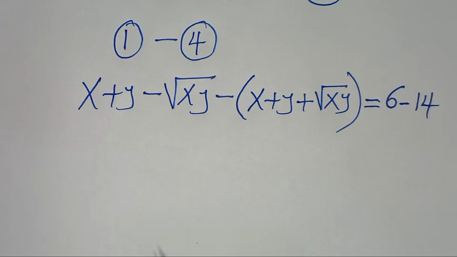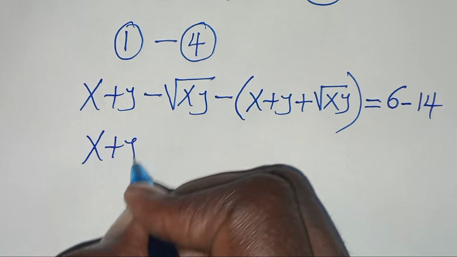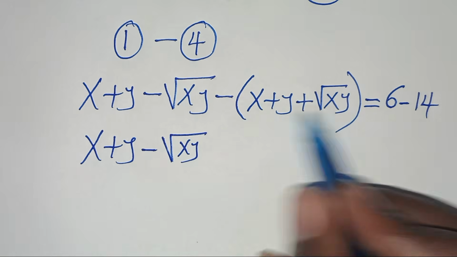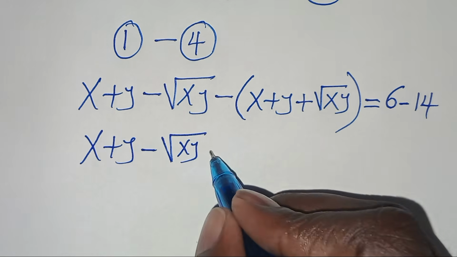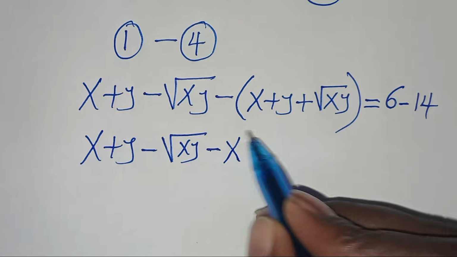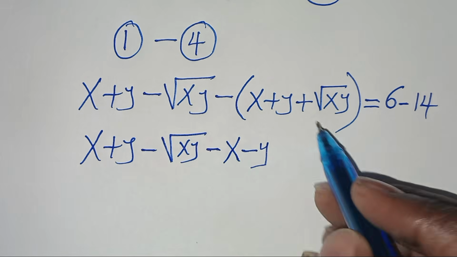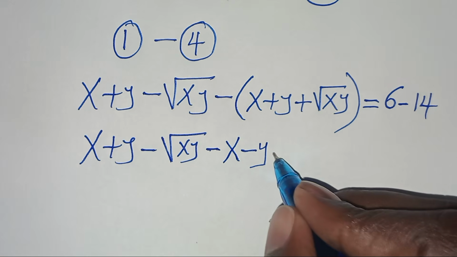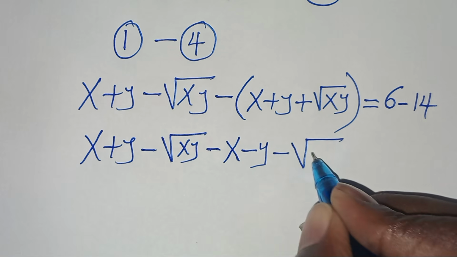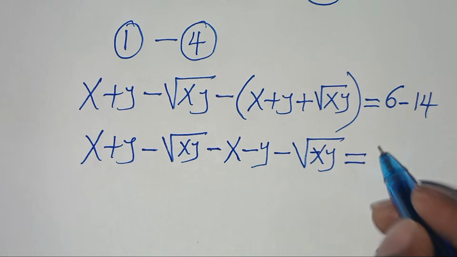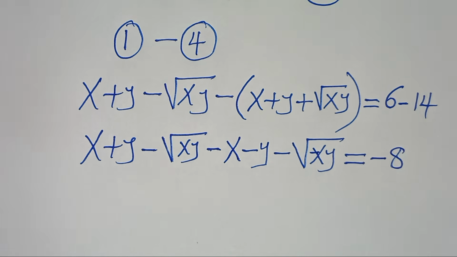And this means that we have x plus y minus the square root of xy, let's open the parenthesis here. Negative times x, this is minus x. Minus times plus y, this is minus y. Then minus times plus square root of xy, this becomes minus square root of xy. This is equal to 6 minus 14. This is minus 8.